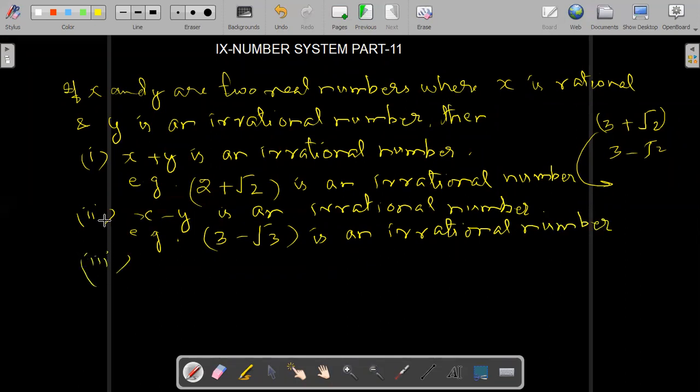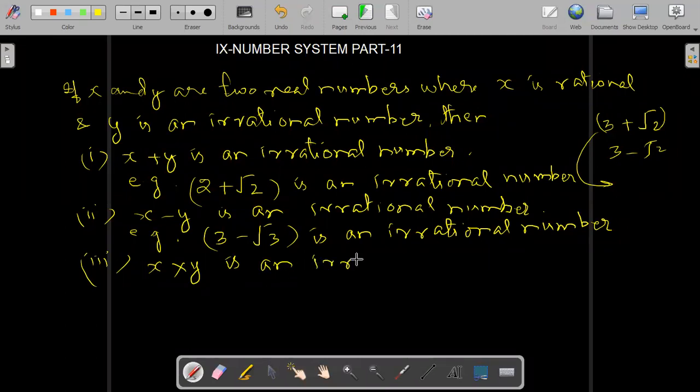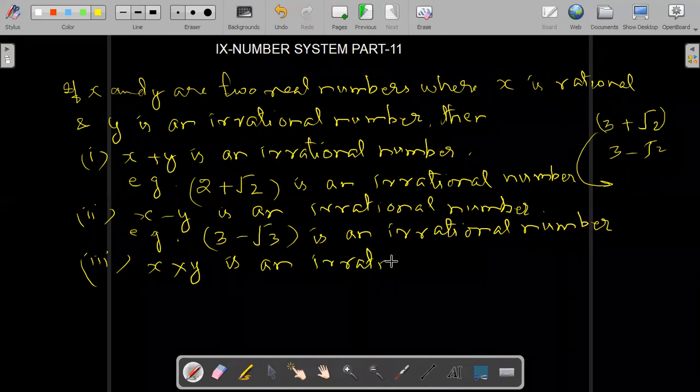If we multiply a rational number with an irrational number, x into y, 3 into root 2, that will also be an irrational number.